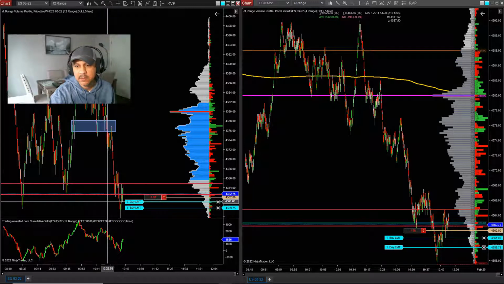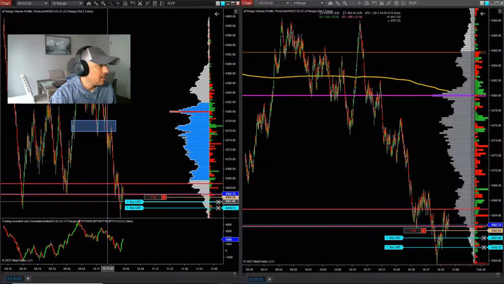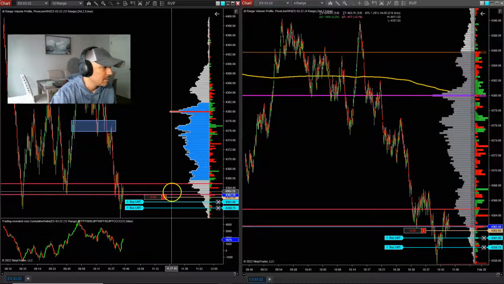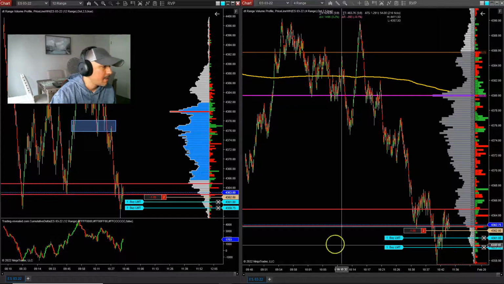And I hit my stop, then hit my profit target, and it didn't fill the first contract. That sucks.